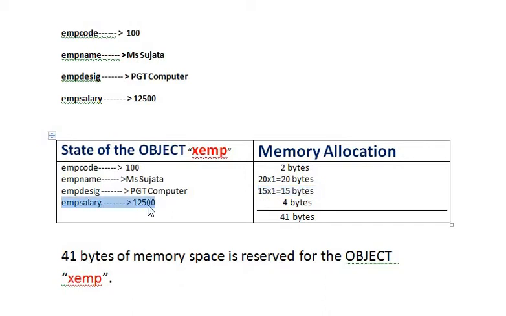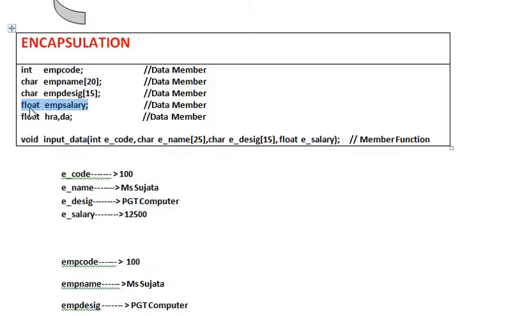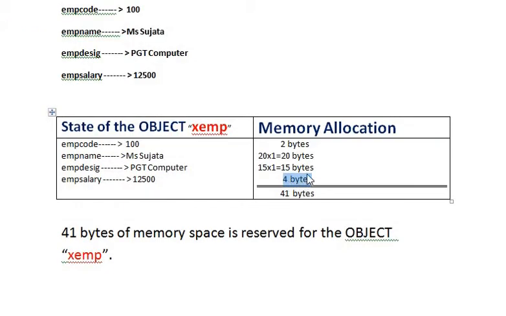And then, since the value 12,500 has been assigned to this data member emp_salary, whose data type is float, 4 bytes of memory space shall be reserved for this data member emp_salary, because the float data type occupies 4 bytes. Now, if you sum all this up, you can determine the total memory space that needs to be allocated for this object called xEMP.